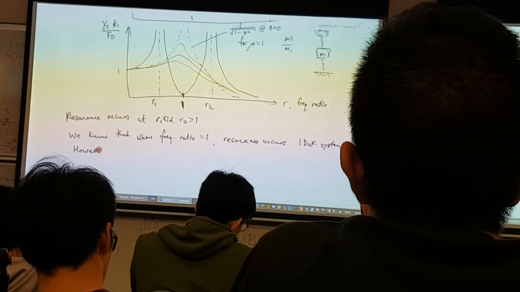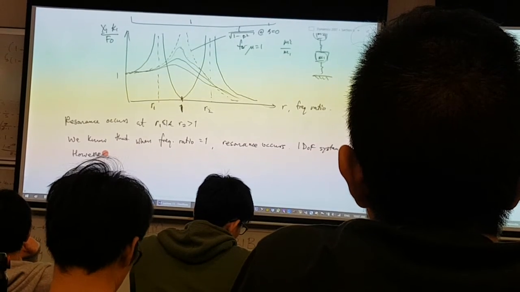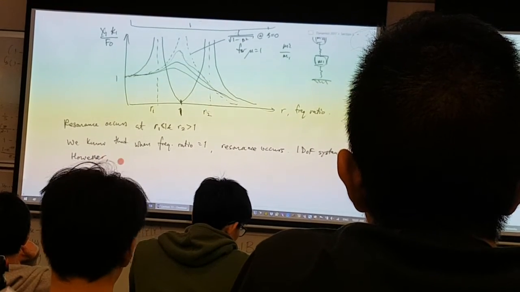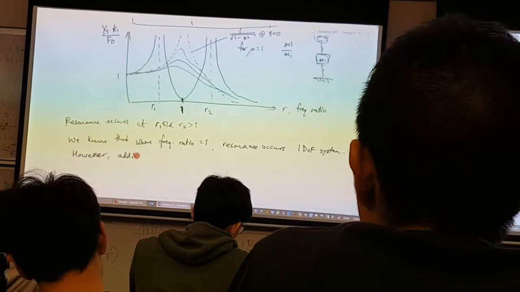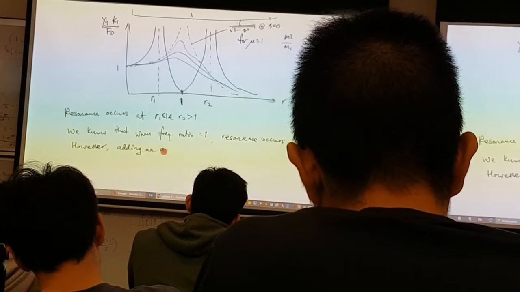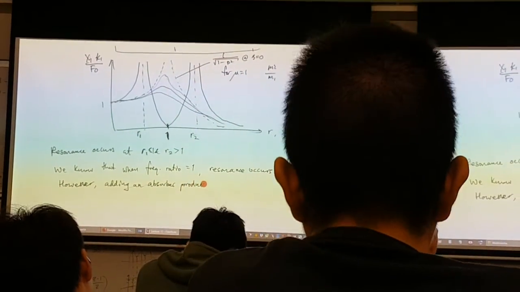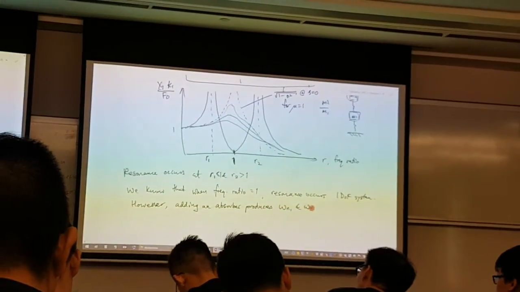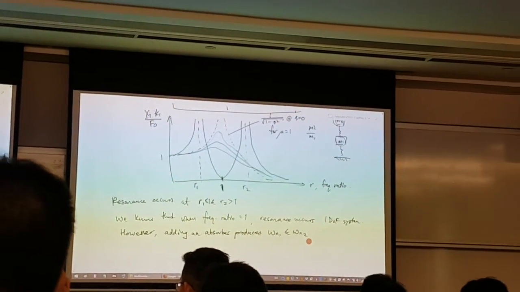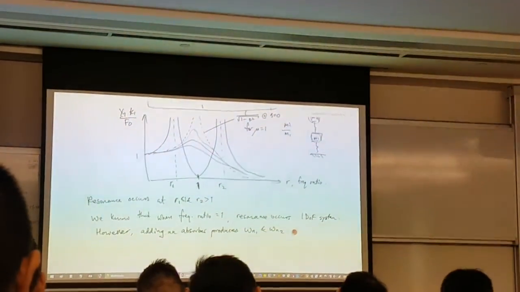However, if we really want to operate at that resonance frequency, all we need to do is add an absorber. If we do that, it produces 2 resonance frequencies, omega n1 and omega n2.